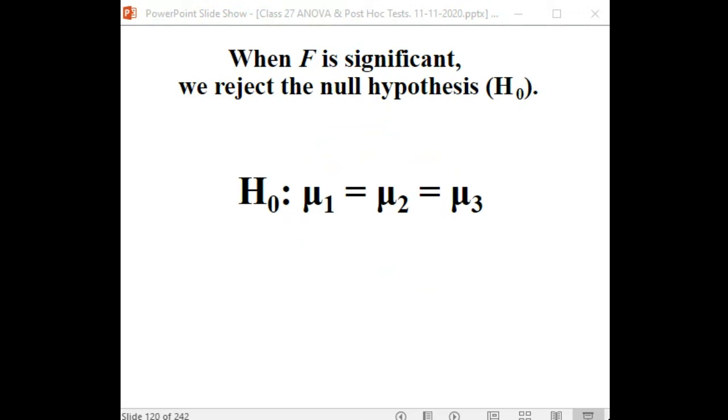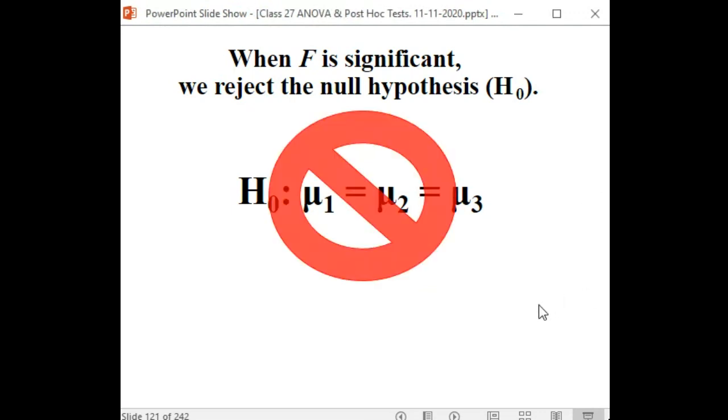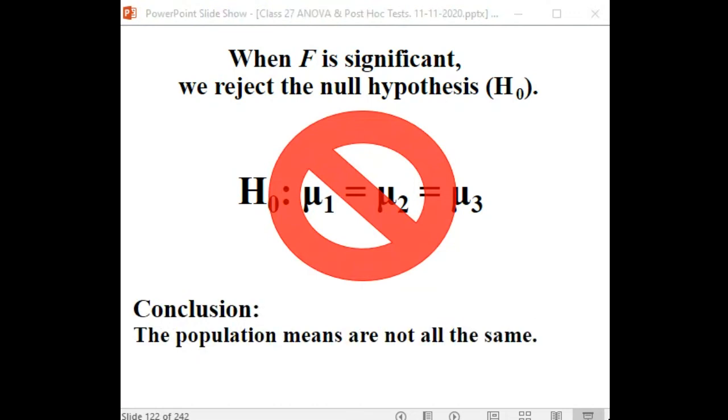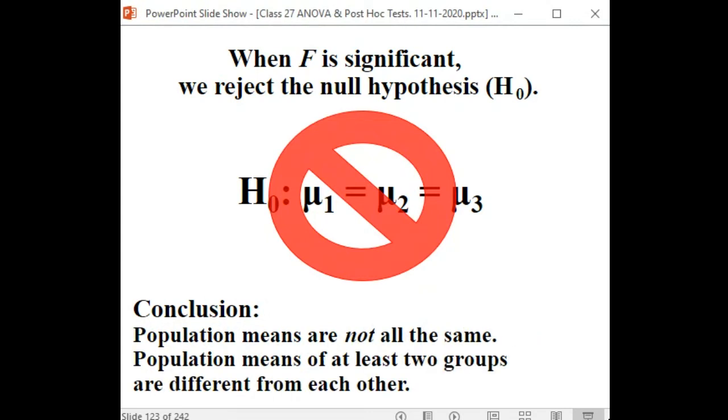For instance, if there are 3 groups, the null hypothesis is that mu1 equals mu2 equals mu3. If we reject that null hypothesis, we conclude that the population means are not all the same. Or to put it another way, we conclude that the population means of 2 or more groups are different from each other. Or we can say, as I've written here, population means of at least 2 groups are different from each other.